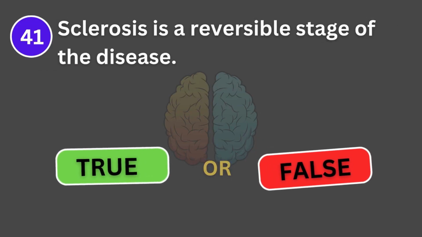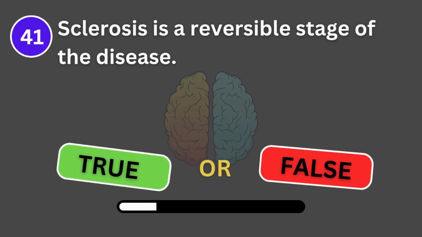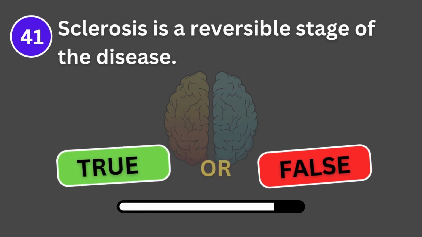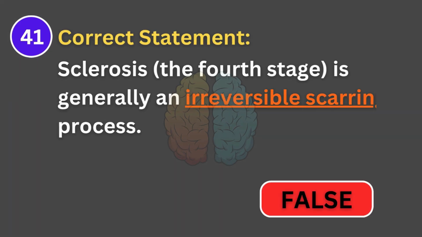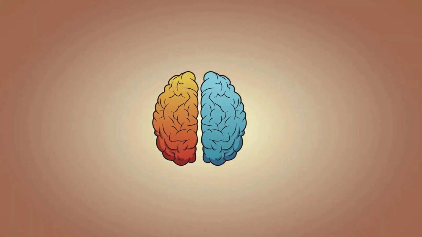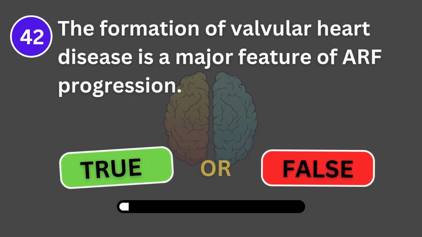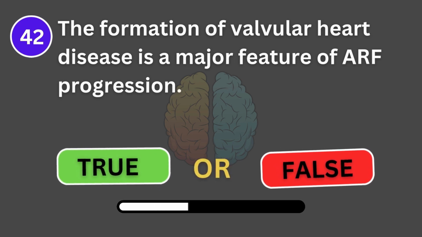Sclerosis is a reversible stage of the disease. The formation of valvular heart disease is a major feature of ARF progression.